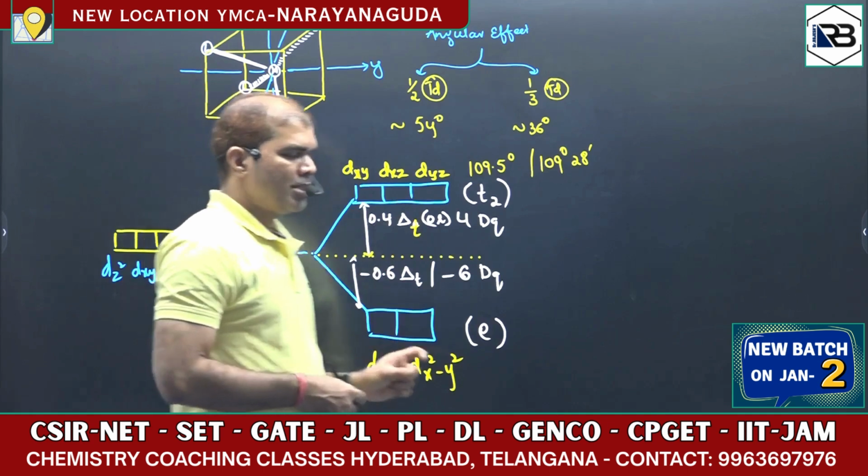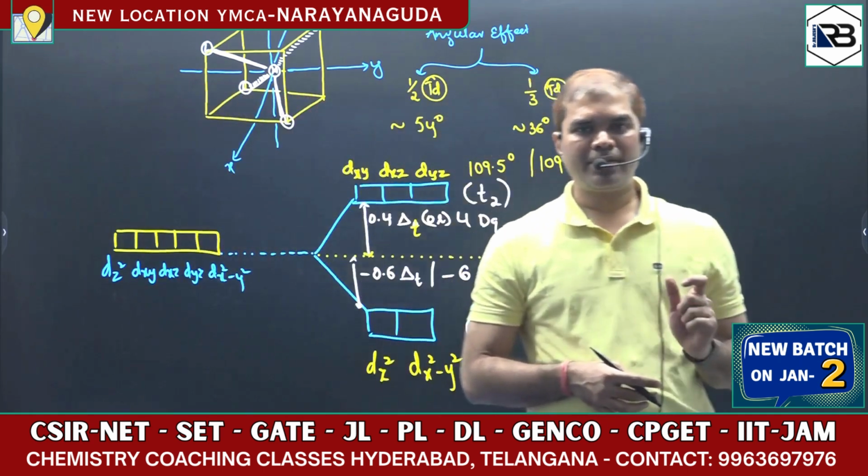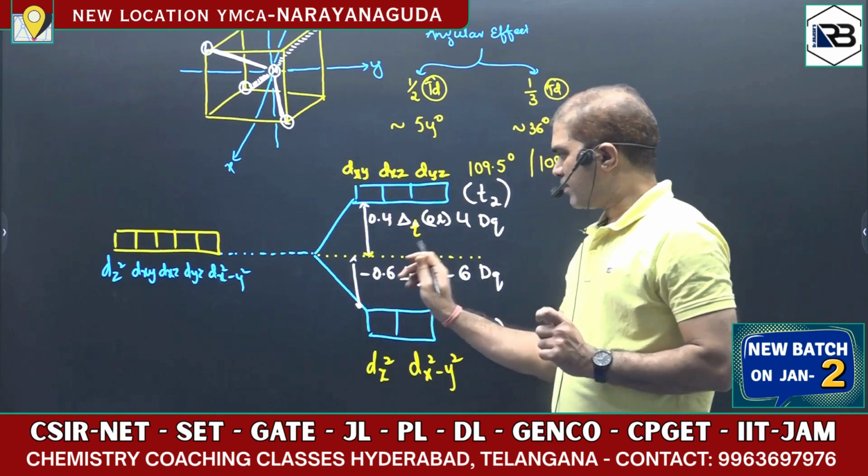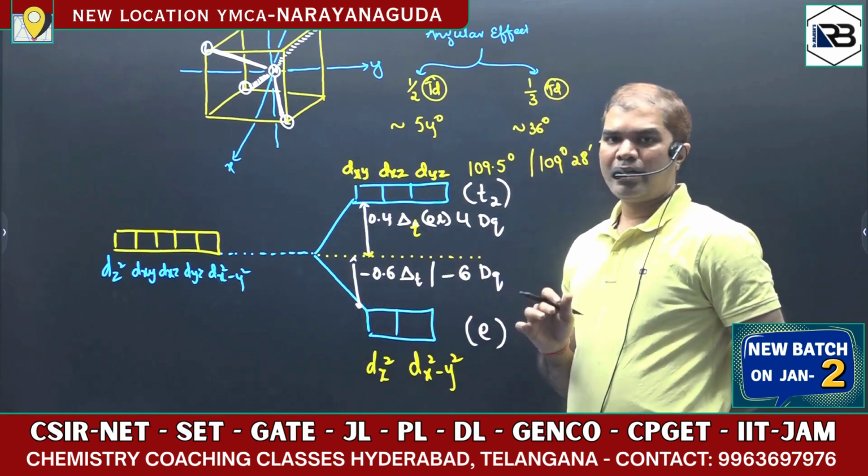Stabilization energy is given in negatives, therefore we have assigned negative. Okay, this is about tetrahedral splitting.